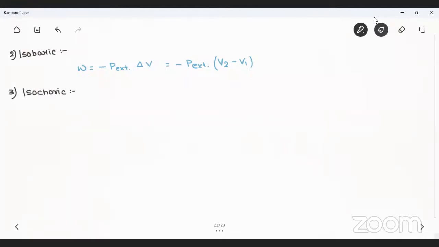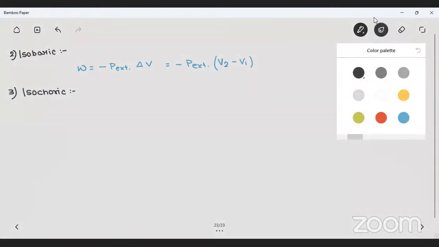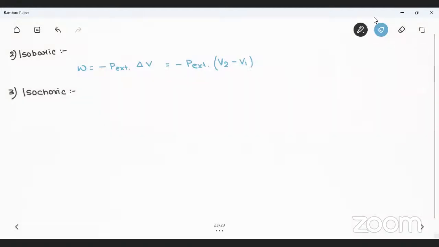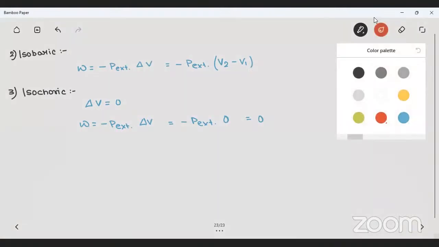What is an isochoric process? Isochoric process means delta V is equal to 0. What is our general formula? W is equal to minus P external delta V. So minus P external into 0 is equal to 0. Remember, for an isochoric process, the work done will always be 0.